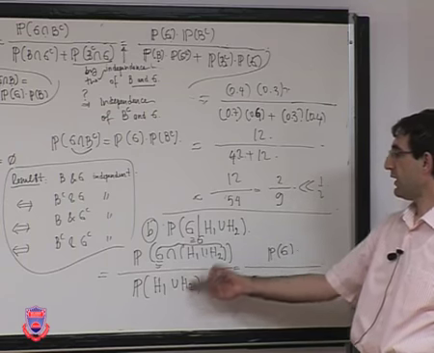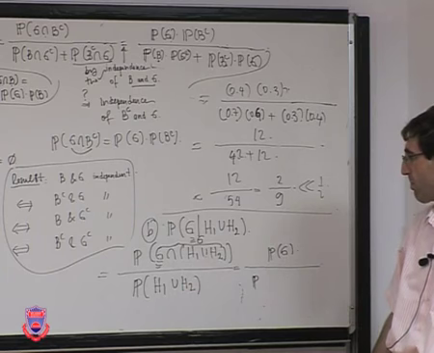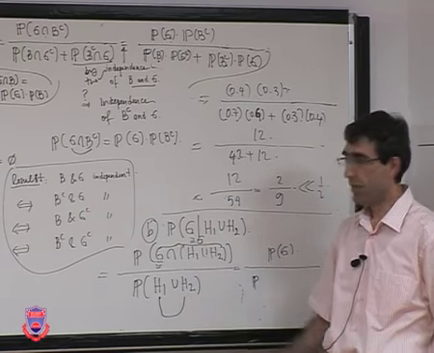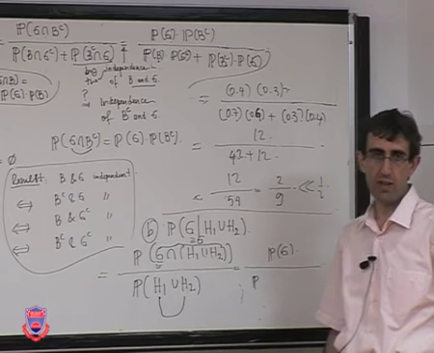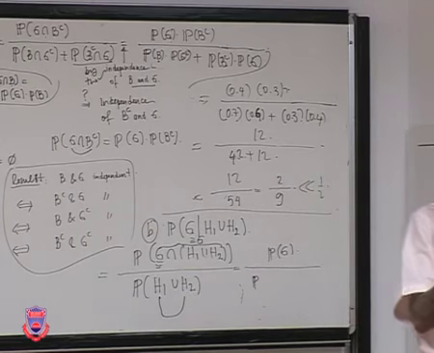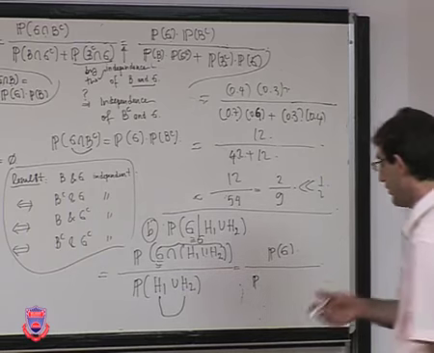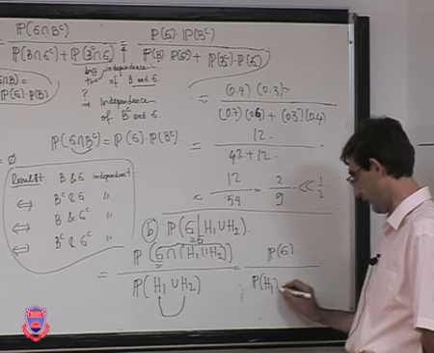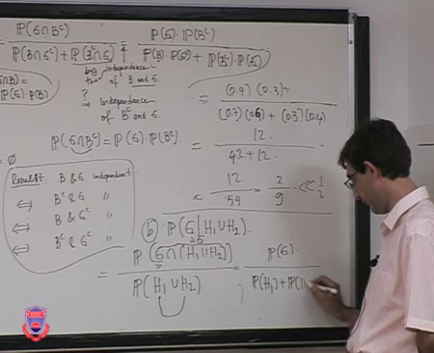Well, what can I say about this? First of all, these two events cannot happen at the same time. The target is hit exactly once or exactly twice. So they are disjoint, therefore the probability of the union is the same as the sum of the probabilities.